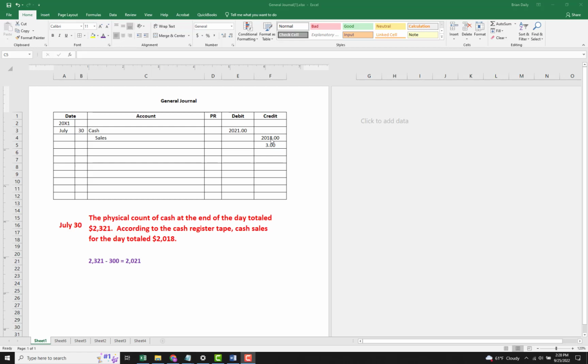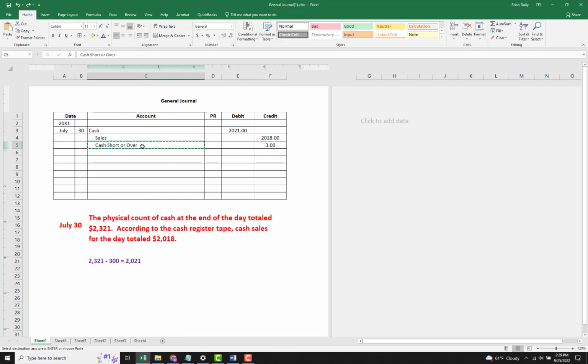And at the end of the day, we can have a shortage or an overage. In this case, we have an overage. Now, overages don't happen very often, and the reason why is because customers are more likely to complain if they're shorted cash, but they're less likely to complain if we give them extra cash when giving them change. But it happened here. So what we need to do to make the journal entry balance is credit an account called cash short or over.